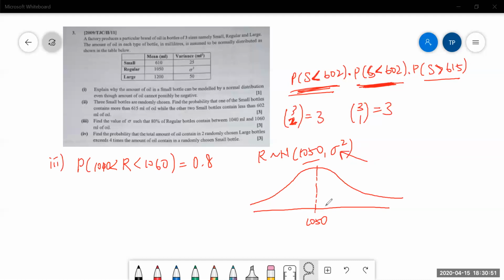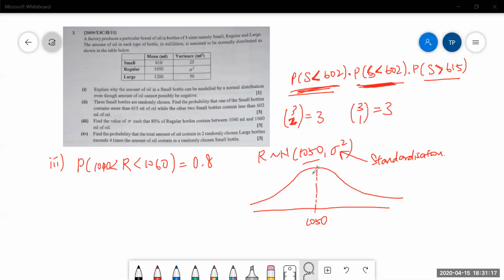Which means whenever you don't have the parameters, either sigma or mu, you always need to do this thing called standardization. Okay. So you know about this technique, right? Hello? Yes.